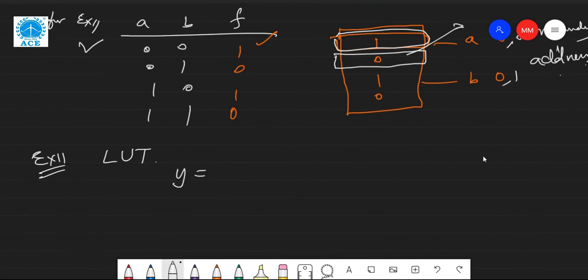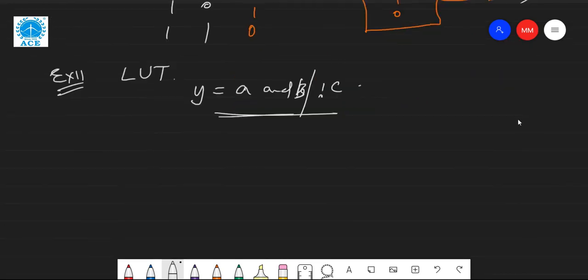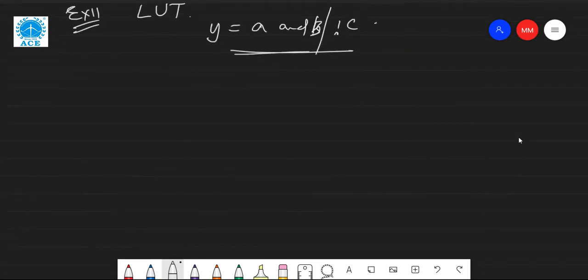Suppose my function is A and B, ANDed with complemented C, okay.